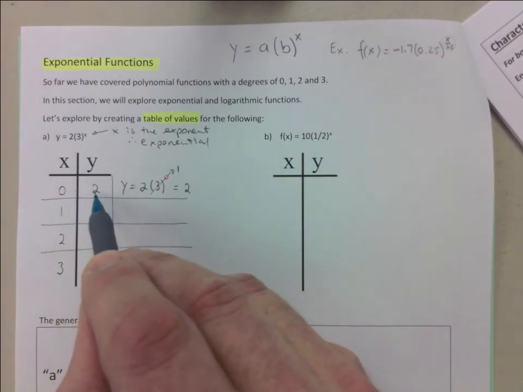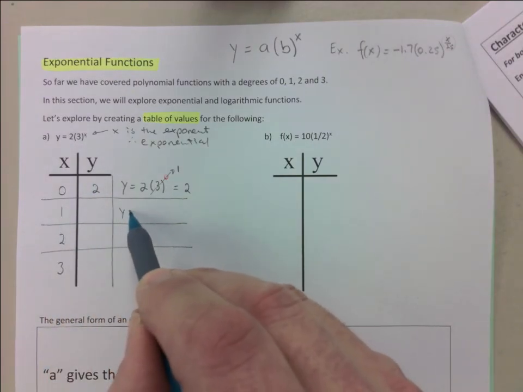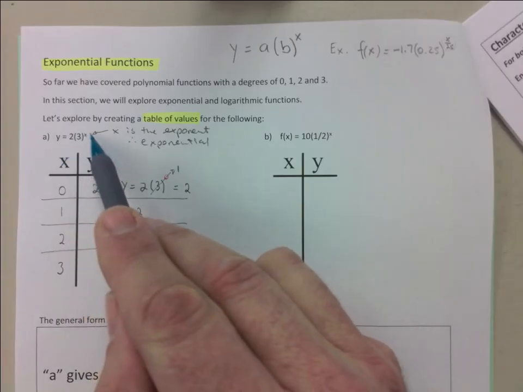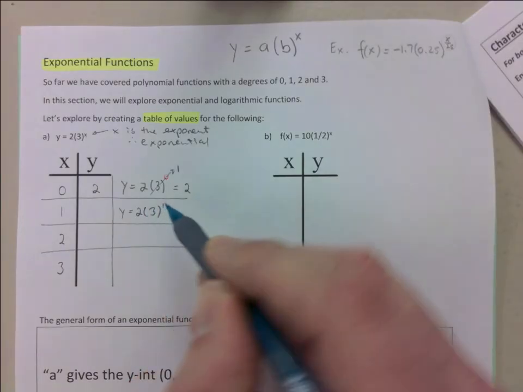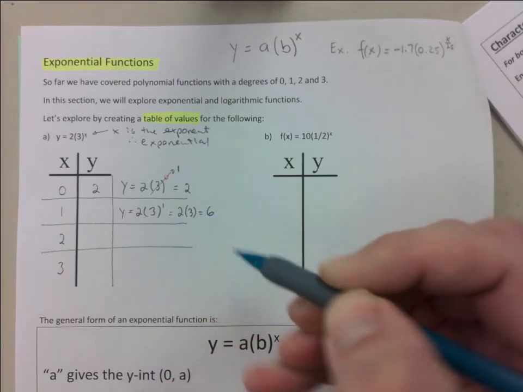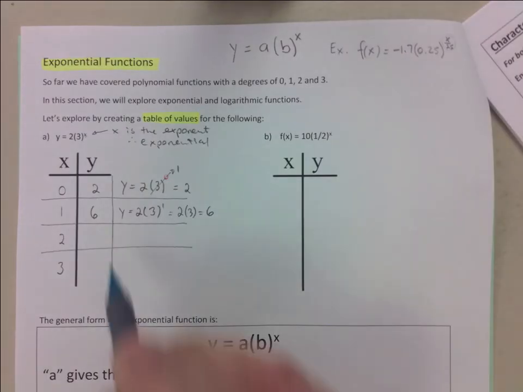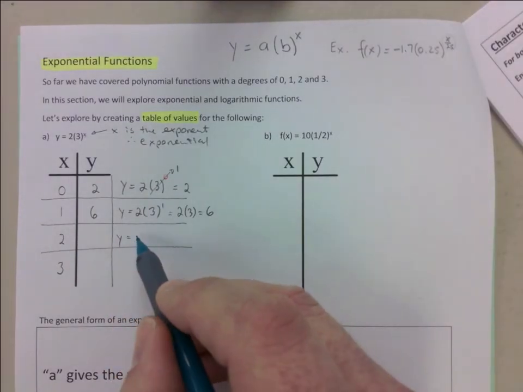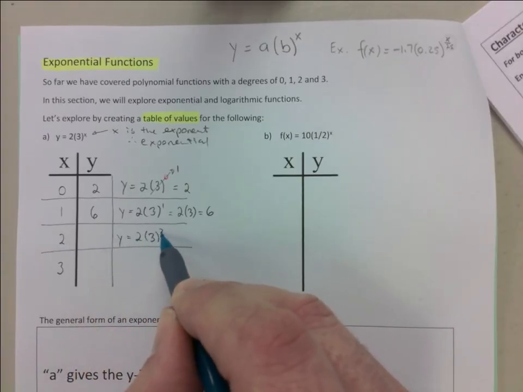When x is equal to 0, y is equal to 2. When x is equal to 1, so we'll go back to the original and we'll let x be 1. Okay, 2 times 3 to the 1. That's basically 2 times 3, which is 6. So when x is 1, y is 6. Let's keep going. X is equal to 2. 2 times 3 to the power of 2.